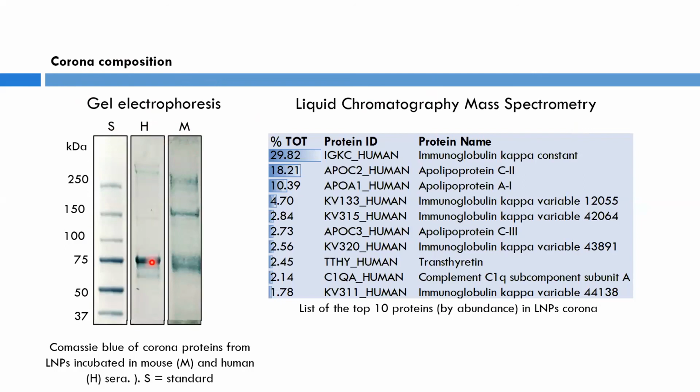And here you can clearly see the protein profile of the 2 samples, and you can see that there are completely different bands. On the right instead, you can see the list of the top 10 most abundant proteins in the corona of these LNPs, classified based on their abundance.